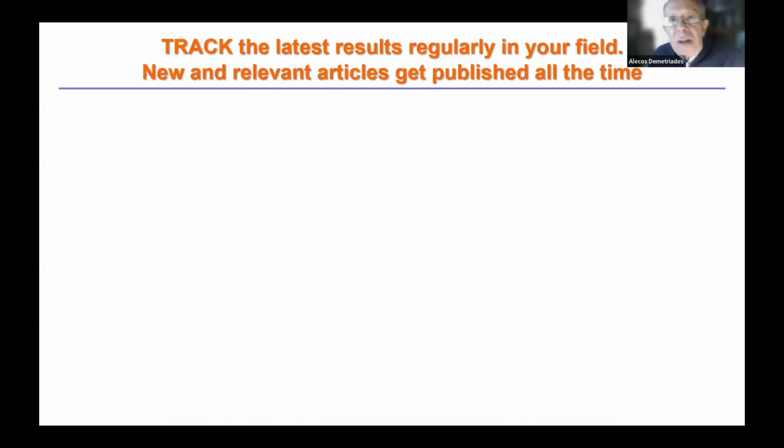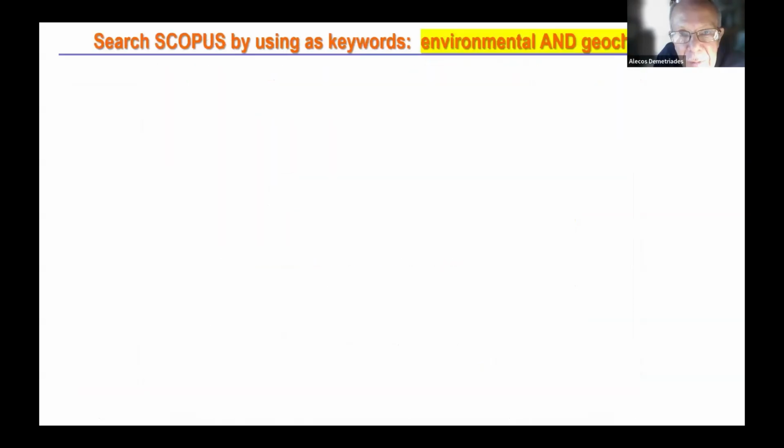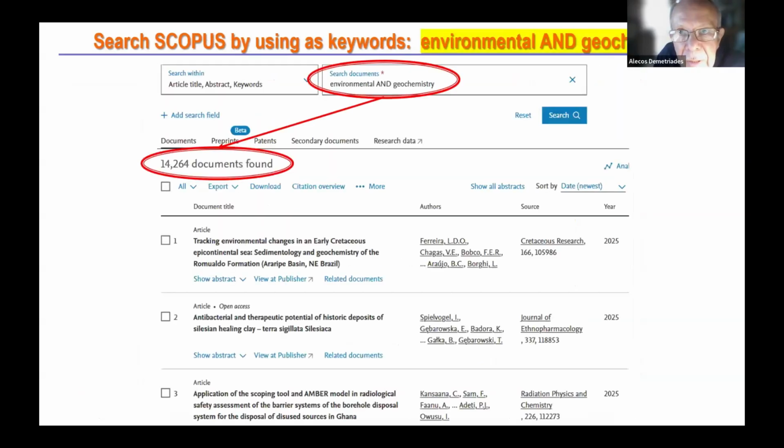Track the latest results regularly in your field. New and relevant articles get published all the time. Use Scopus for your search. And I use here two keywords, environmental and geochemistry. And as you can see, I found 14,264 documents.